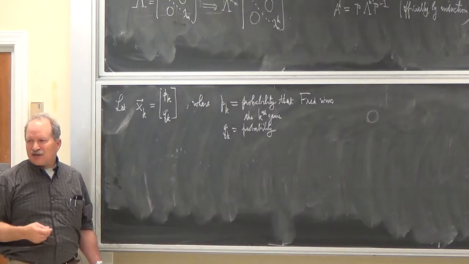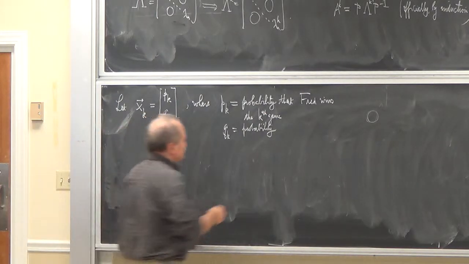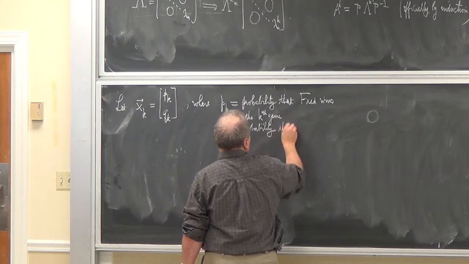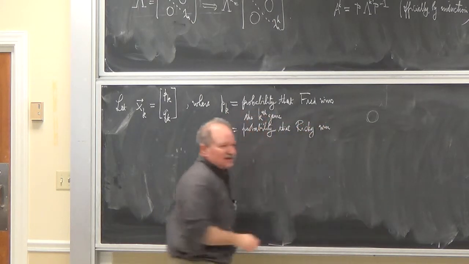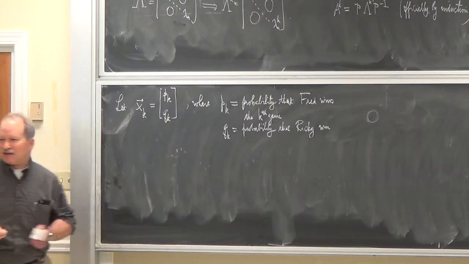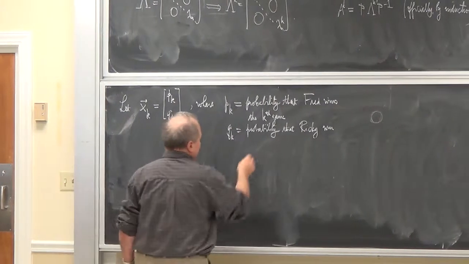If Fred lost, that means Ricky won. This is going to be the vector of probabilities. It doesn't matter how you say it, but since it's always good for everybody to be a winner, let's do it in terms of winning.